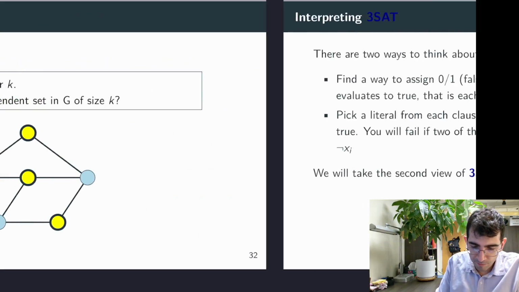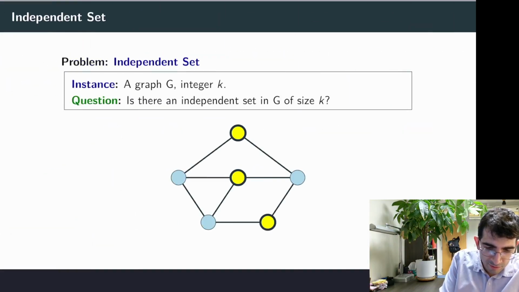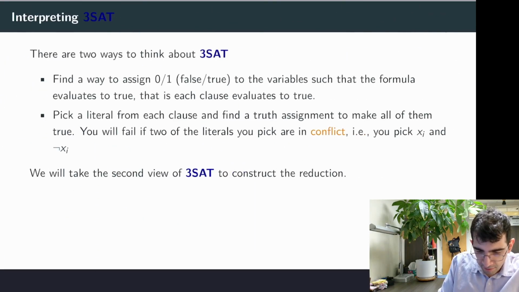Okay, so the question is, how do we reduce 3-SAT to independent set?